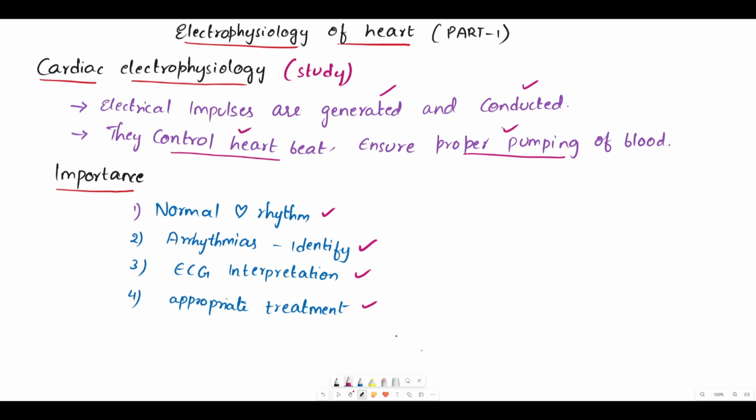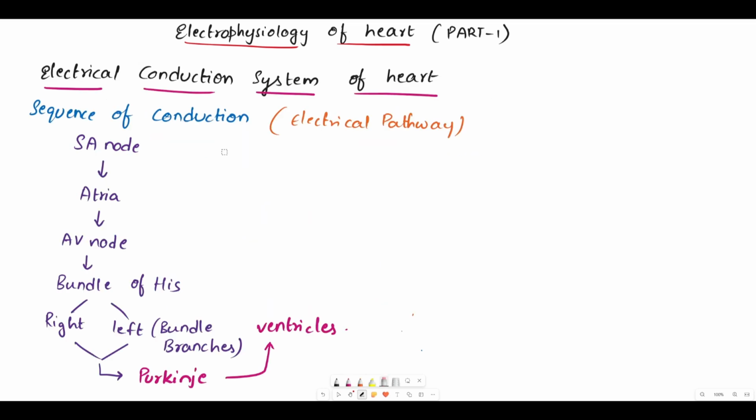Coming back to its importance, this will help us to understand the normal heart rhythm, to identify conditions like arrhythmias, and it is also useful for ECG interpretation and for selecting the appropriate treatment.